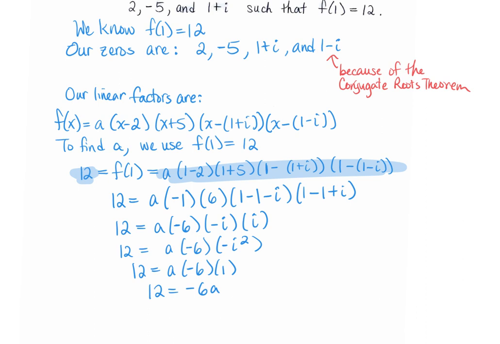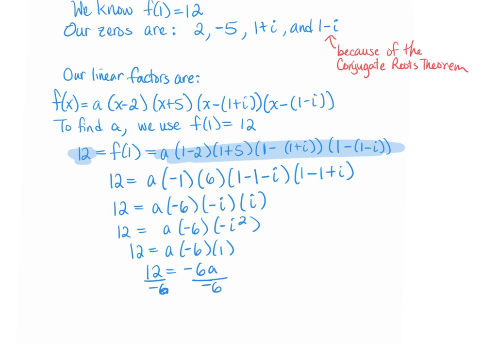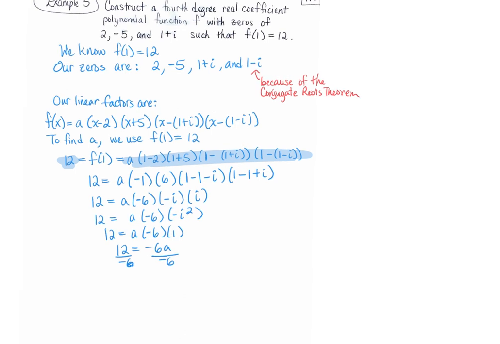And then we divide both sides by negative 6, to get negative 2. So a equals negative 2. All of that to say we found out what a is, which means we now know your leading coefficient a. So then you just go back and put that there.